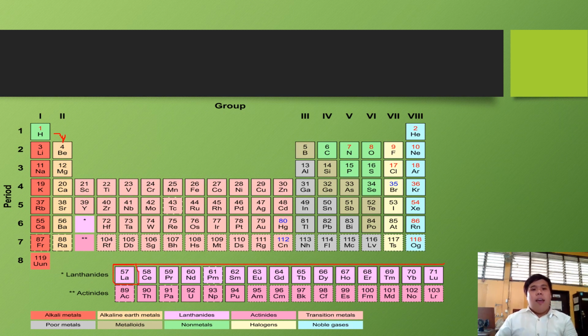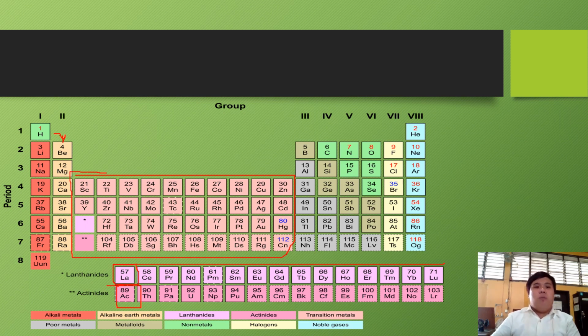And then we have the actinides below them, because the first element there is actinium. Okay, we have the transition metals down here.